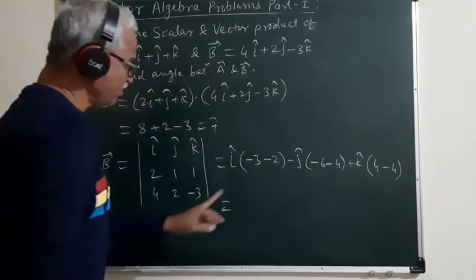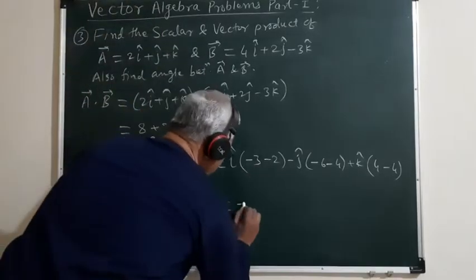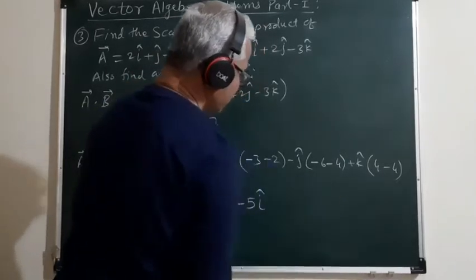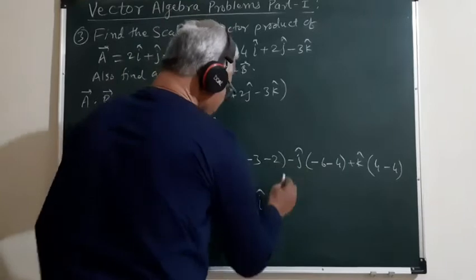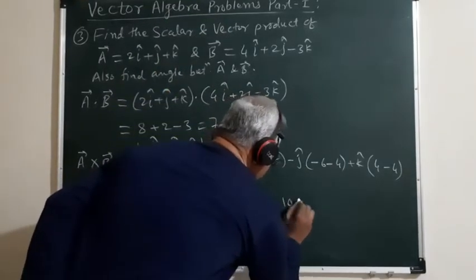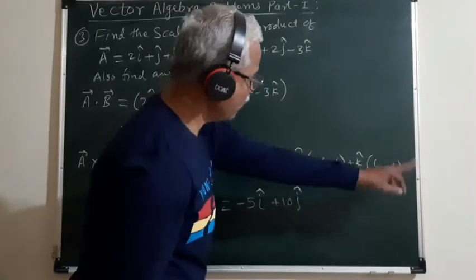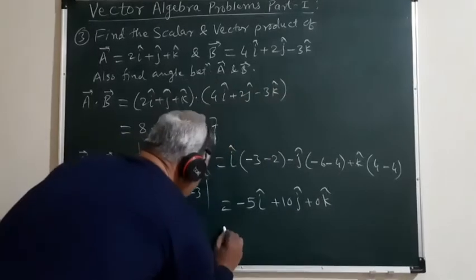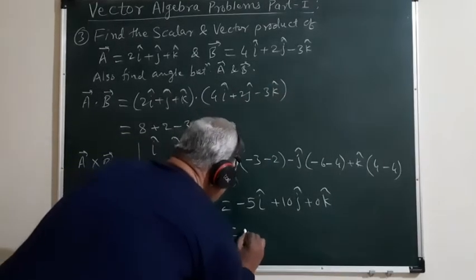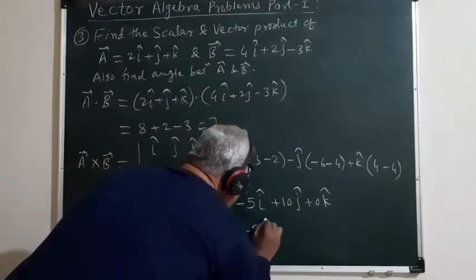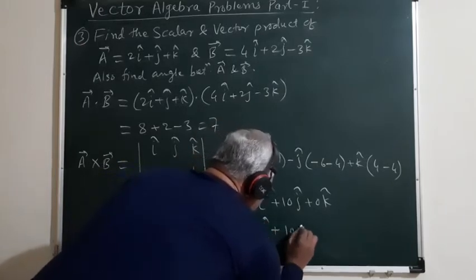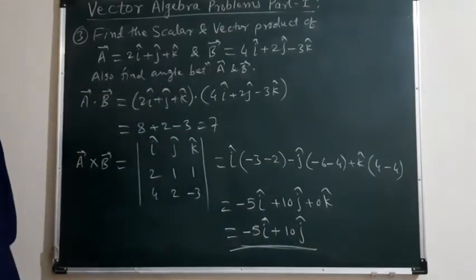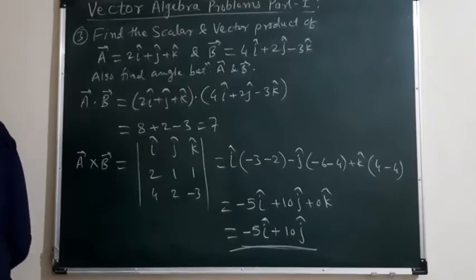So this works out to be minus 3 minus 2 is minus 5 i cap, minus 4 minus 6 is minus 10, minus minus will become plus, so it is plus 10 j, and 4 minus 4 is 0, so it is 0 k. So the cross product of two vectors works out to be equal to minus 5 i cap plus 10 j cap. So this is the cross product of the two given vectors a bar and b bar.